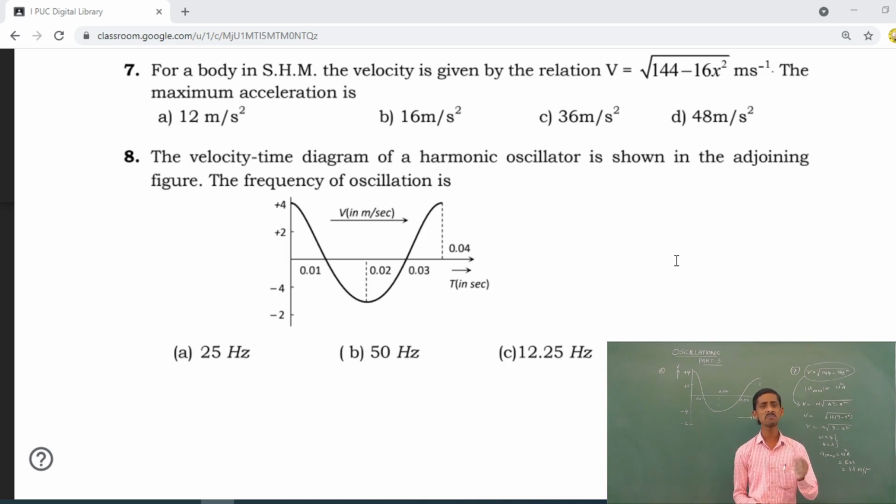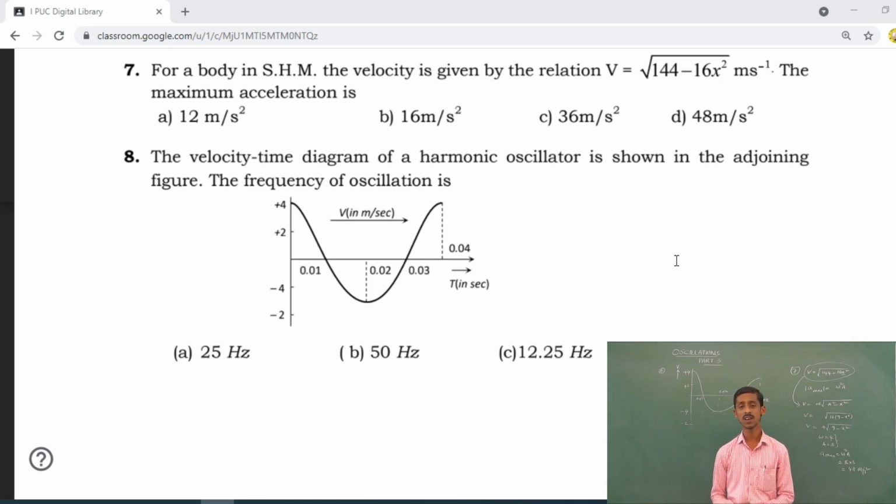It is a very simple question. A graph is given and something is asked. Look, the velocity time graph is given. Maximum velocity is plus 4 here. The velocity versus time graph is given. The amplitude of velocity, the maximum velocity, is plus 4.